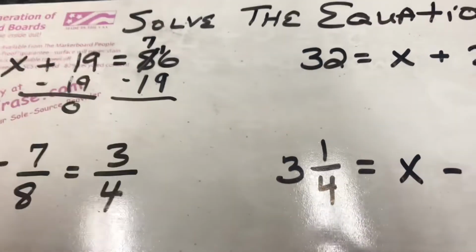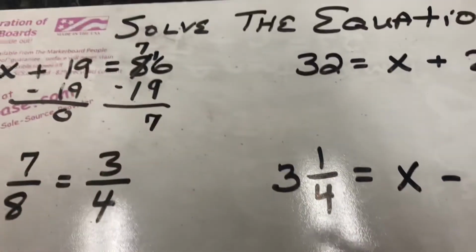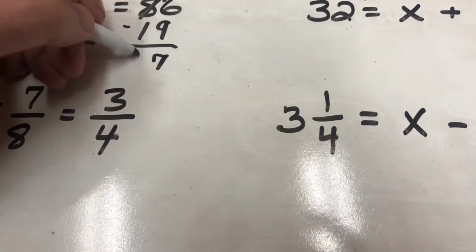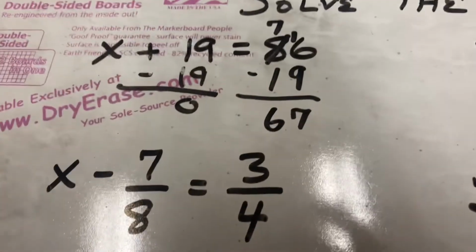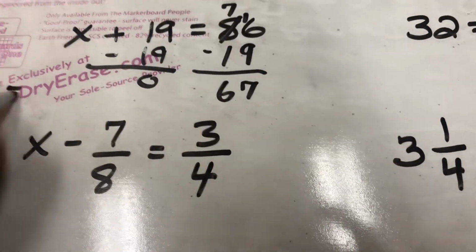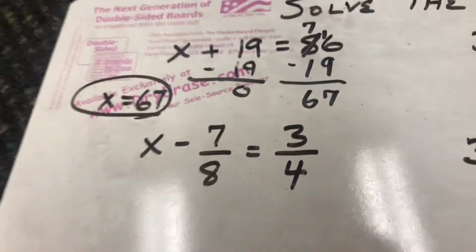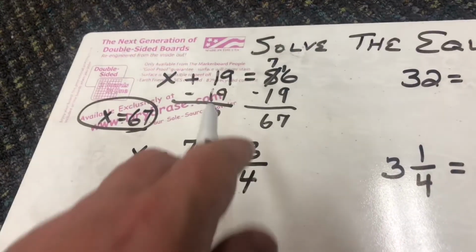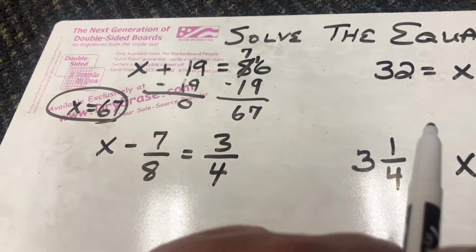Make the 6 a 16. I do 16 minus 9, and that's 7. 7 minus 1 is 6. And sure enough, I find that x equals 67. If I were to check, 67 plus 19 would equal 86.